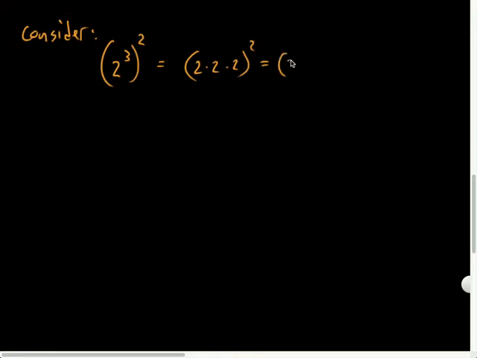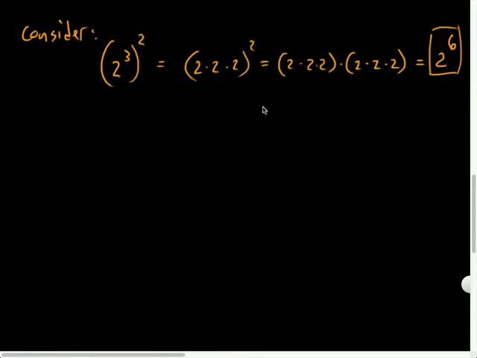Multiplying it by itself, right? So that's the same as 2 times 2 times 2 times another 2 times 2 times 2. That's a lot of 2's I just wrote. So how many 2's are there? 6. So 2 to the 6th is a way I could write that. 2 to the 6th is 64, if you're wondering.